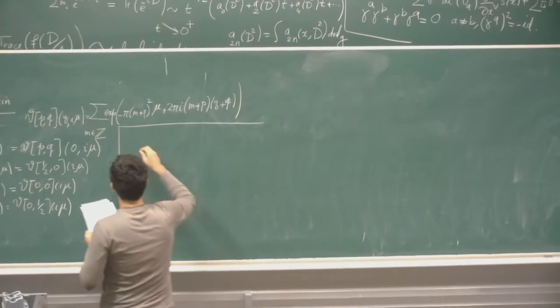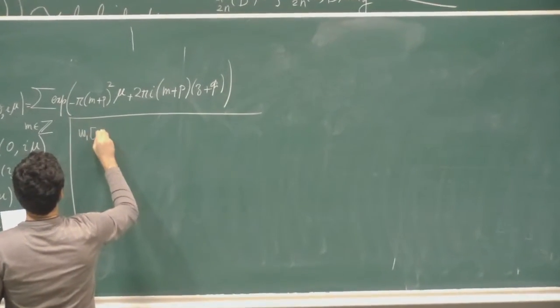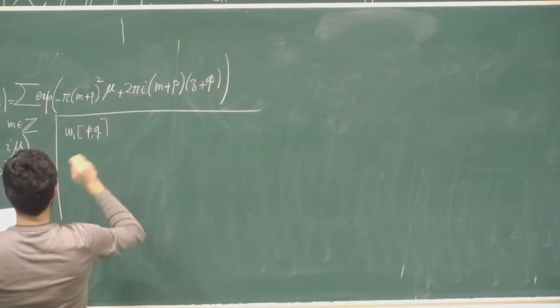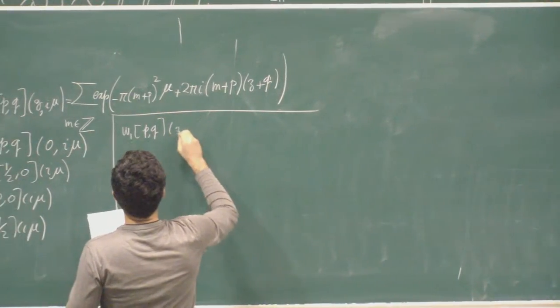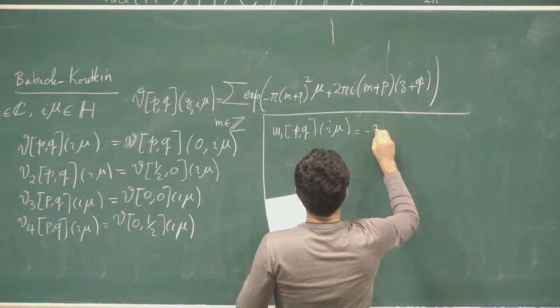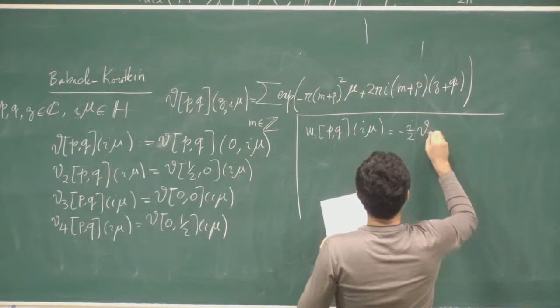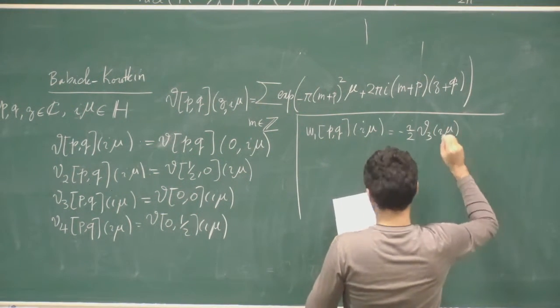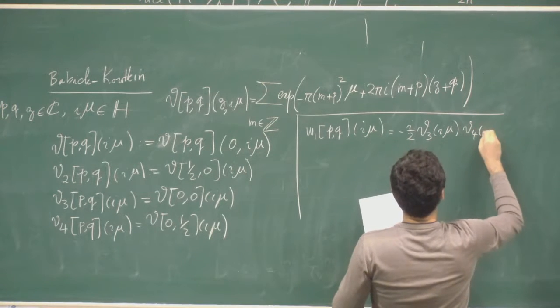Let me write the solutions. There are two parameters, P and Q. If you fix the parameters, you get a gravitational instanton. It is minus i over 2, theta 3 of i mu, theta 4 of i mu.